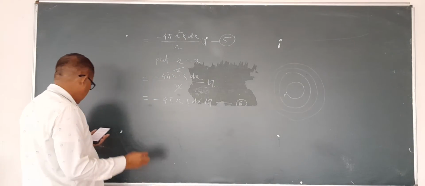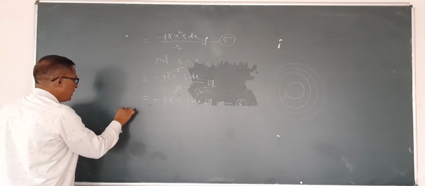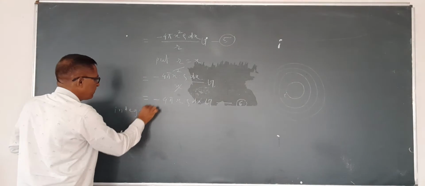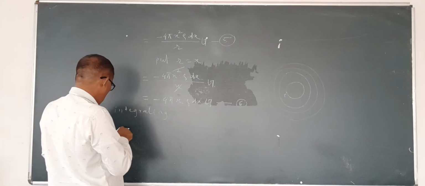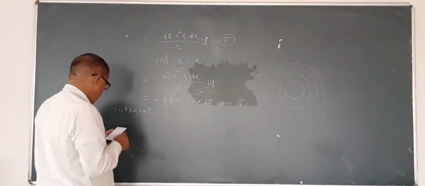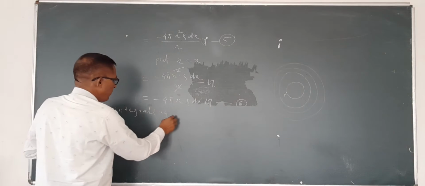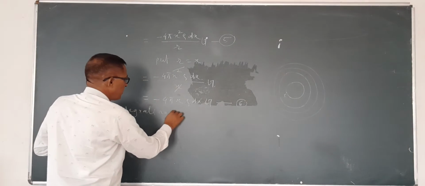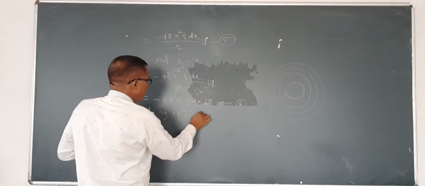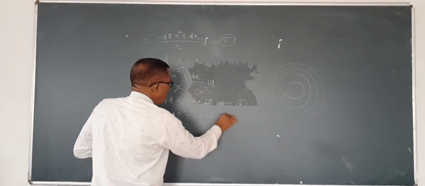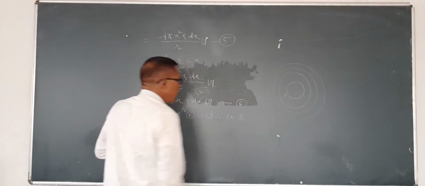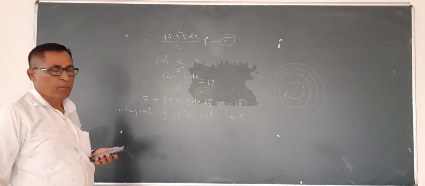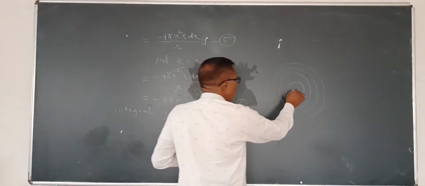Therefore, integrating equation 6 between r to R. This r to R is the radii from the center core.